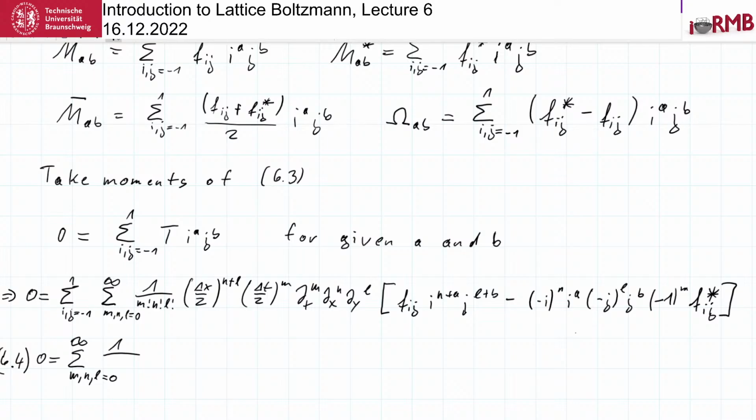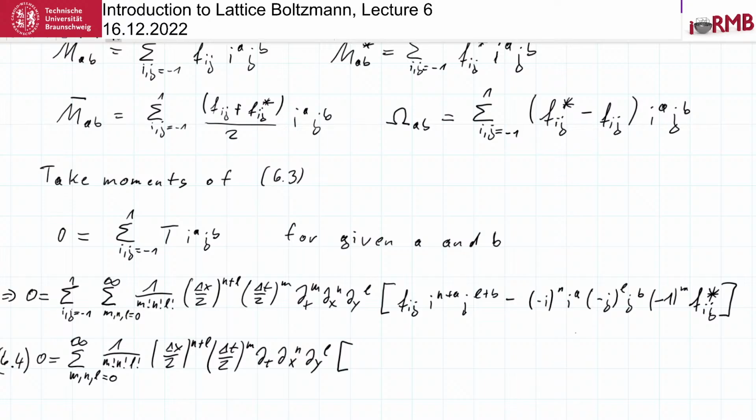Here we have the usual stuff, m factorial, n factorial, l factorial, delta x 1/2 to the n plus l, delta t 1/2 to the m, all the derivatives. And then comes the moments.